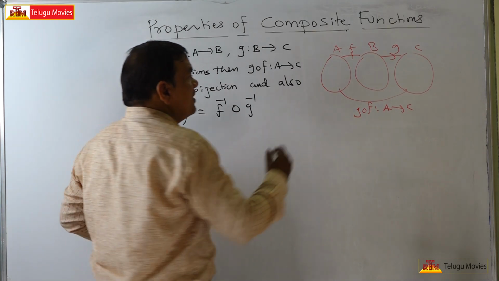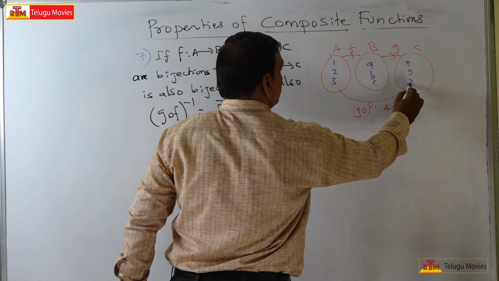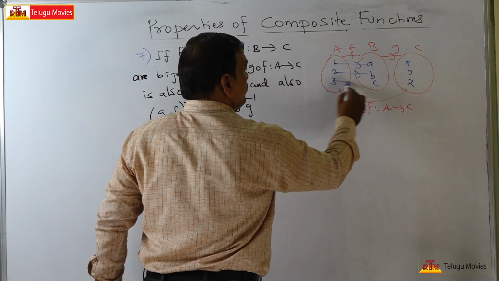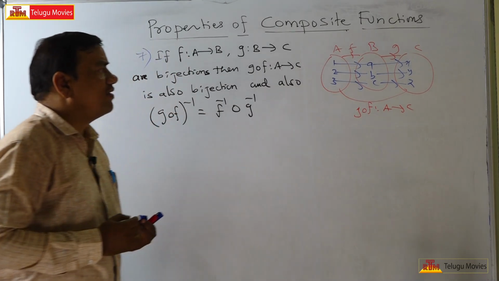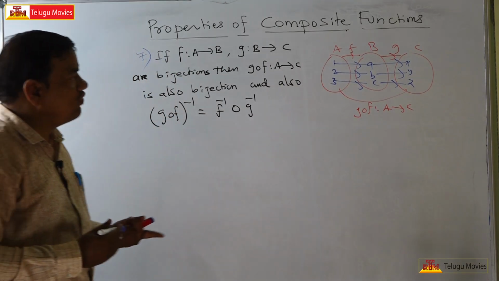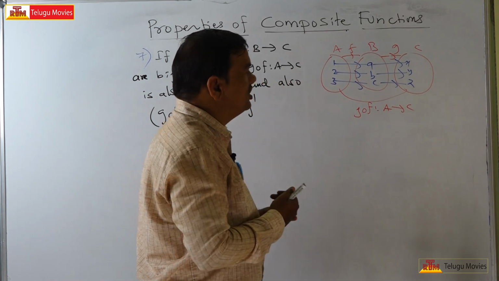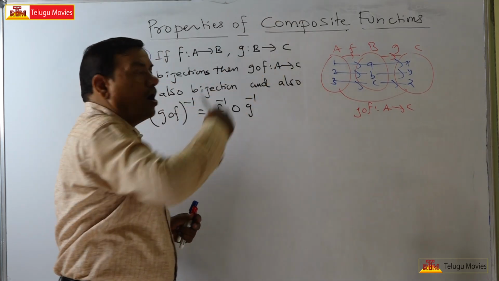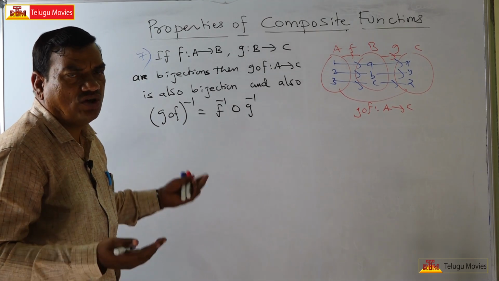Let us take the elements as 1, 2, 3 in A, a, b, c in B, and x, y, z in C. 1 to a, 2 to b, 3 to c, a to x, b to y, c to z. Clearly f from A to B is a bijection, both one-one and onto. g from B to C is also a bijection, both one-one and onto. Obviously g circle f from A to C is also a bijection. So it is very clear.